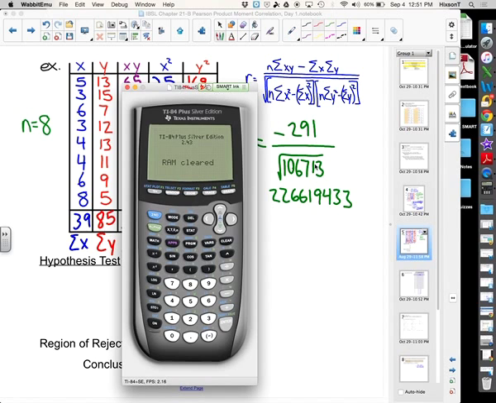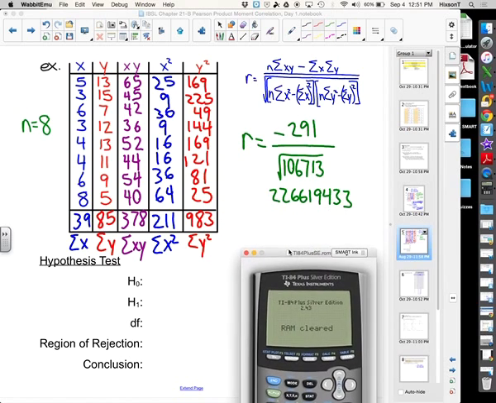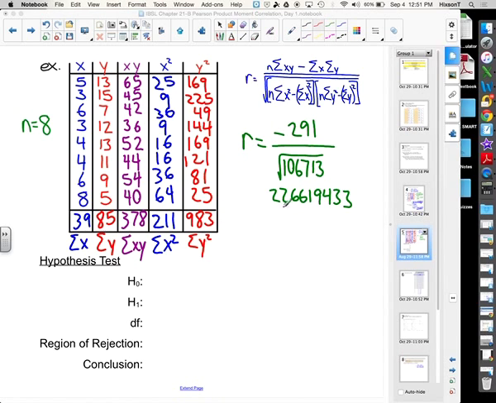Once we get an answer that matches, we'll go with it. I see what I did wrong. I got 106,713. All right, good. Three people got it, so we'll go with that.